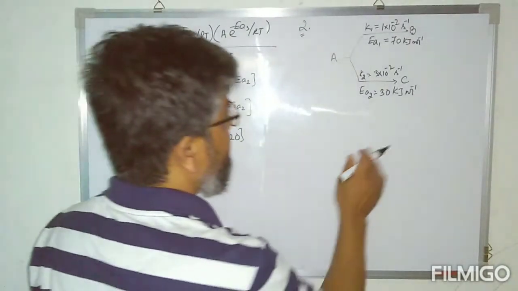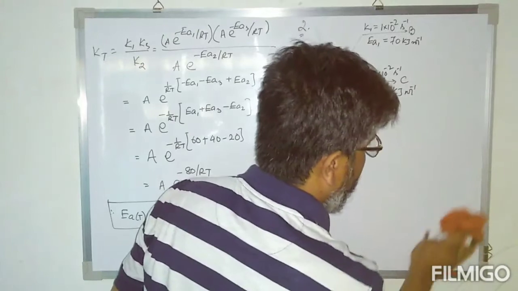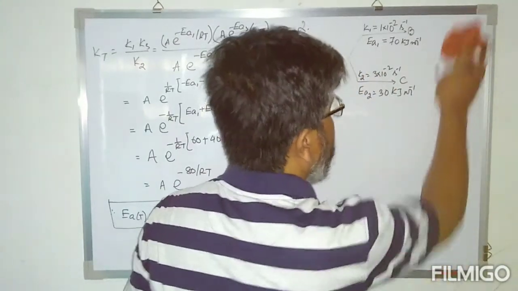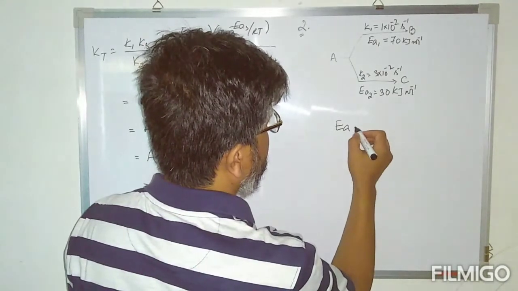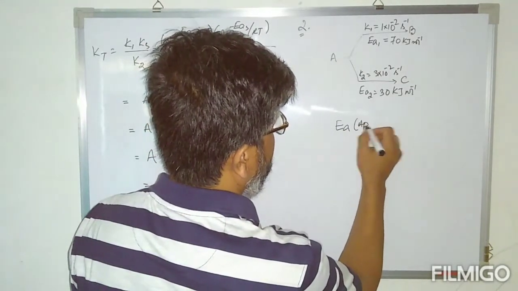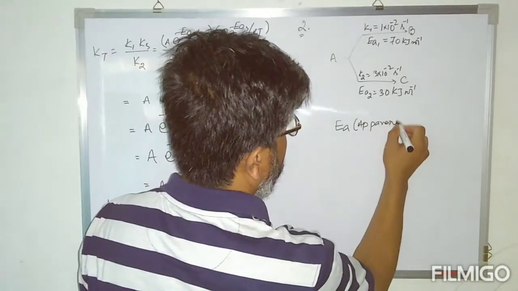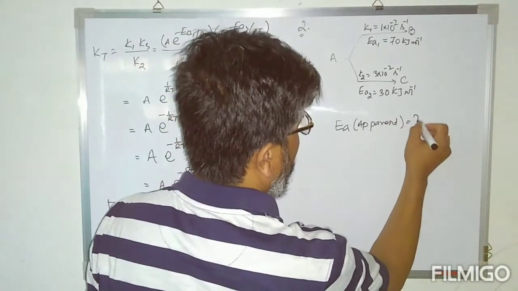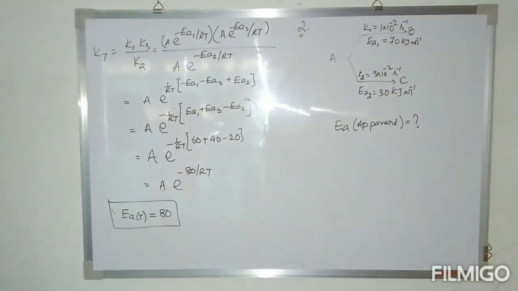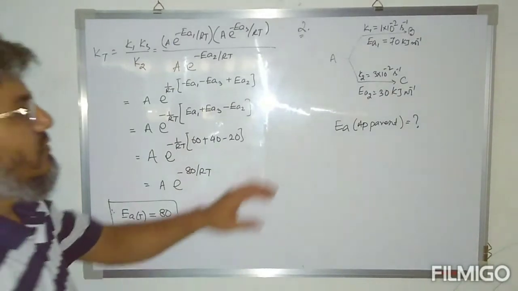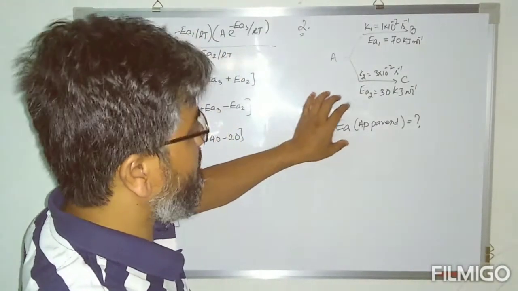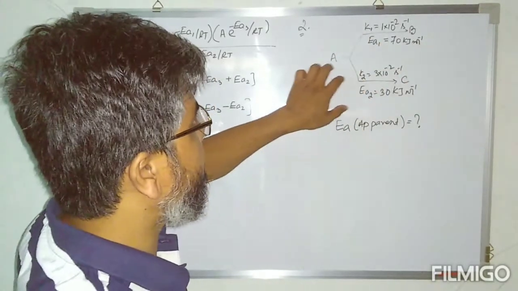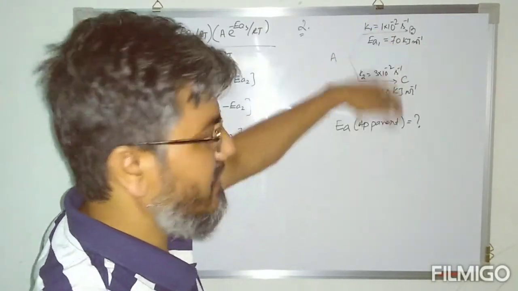So we have a parallel reaction, and their corresponding activation energies and rate constants are given. So the question is, what is the apparent activation energy of the reaction? We have to find the apparent or total activation energy for this reaction, in which A is converted into B as well as C simultaneously.